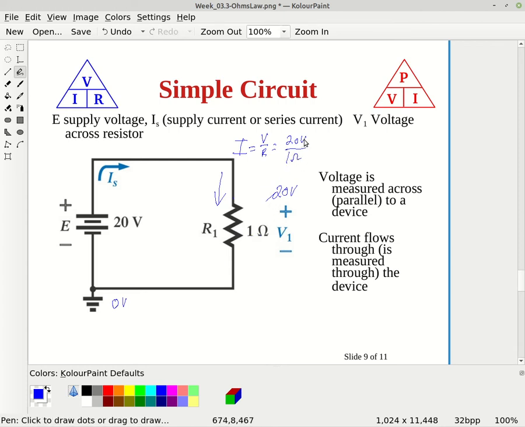The units of volts divided by ohms gives us amperes, so that gives us 20. And if we're going to put this in Blackboard, we need 3 significant digits, so it's going to be 20 amperes.